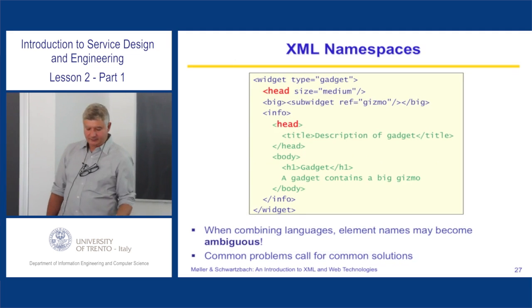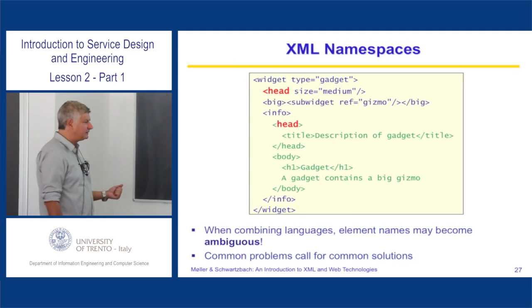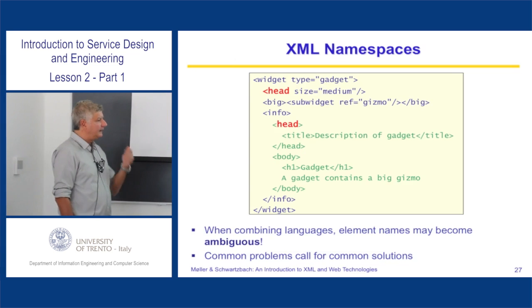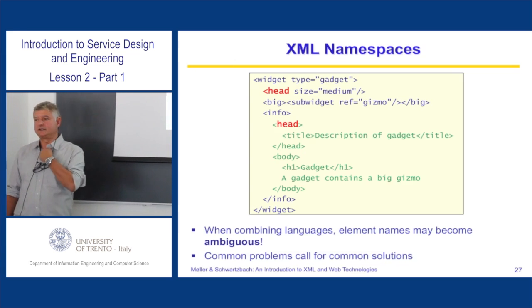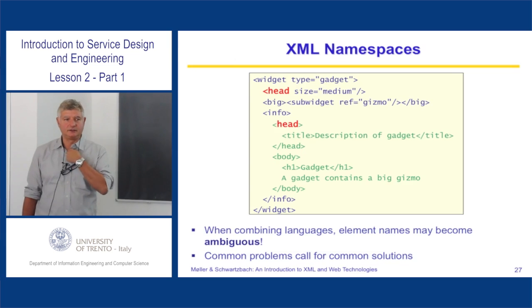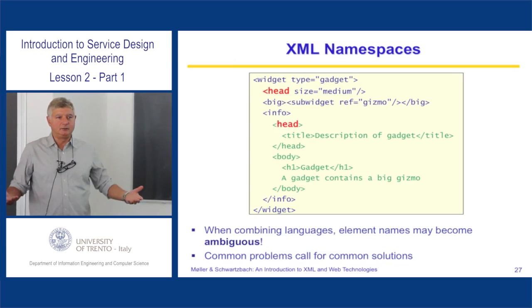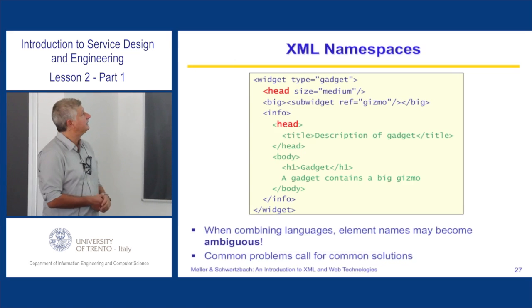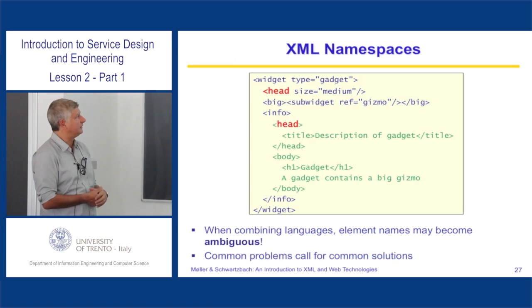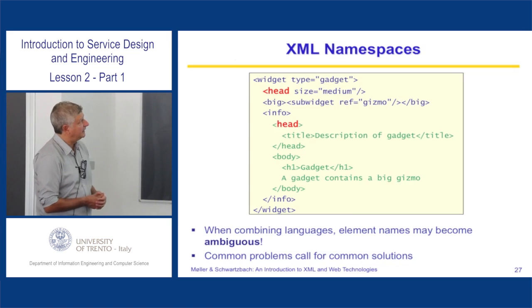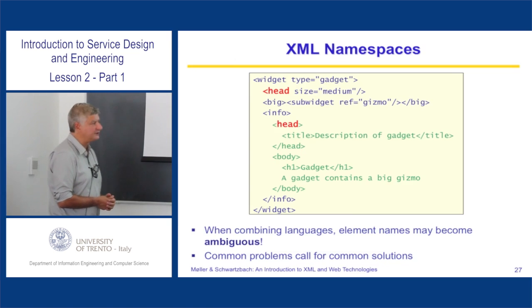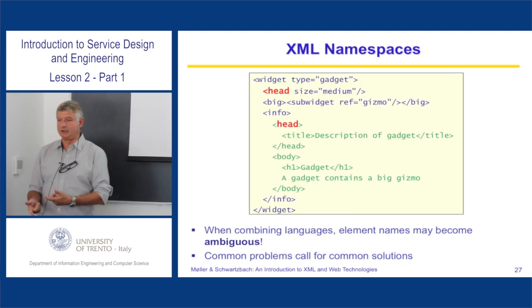When you have such flexibility, there is one common problem. Since I have the flexibility of using my markup language, you have the flexibility to invent your own markup language, and then maybe we can combine the two. Here is an example of a combination of an XML file together with an HTML.